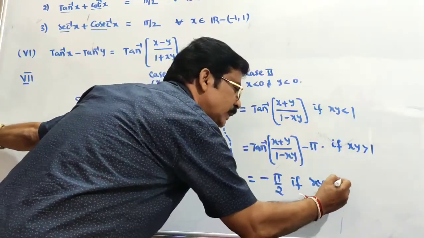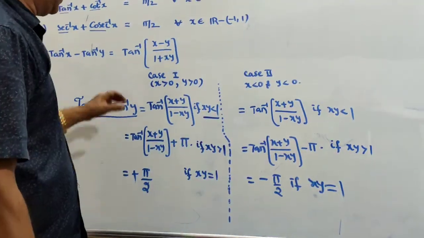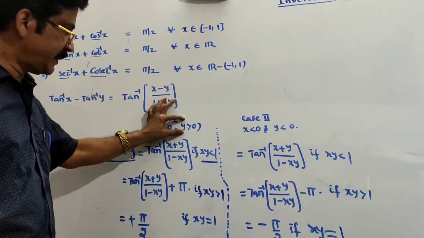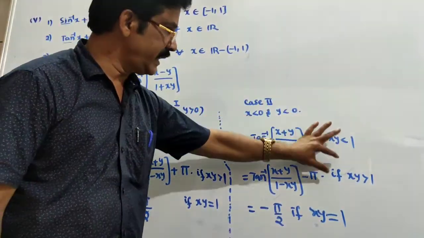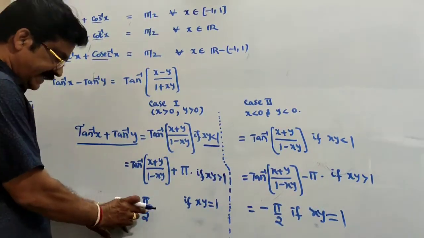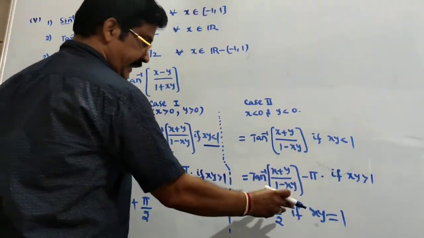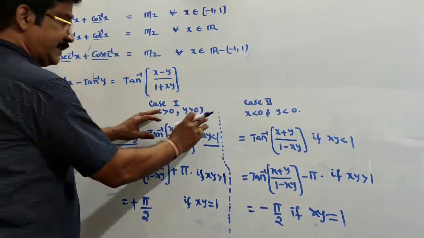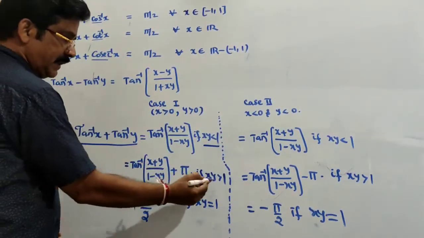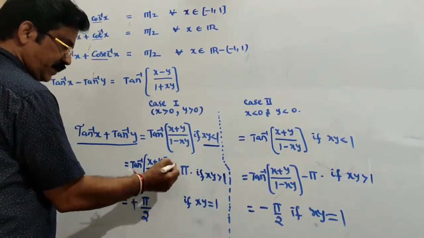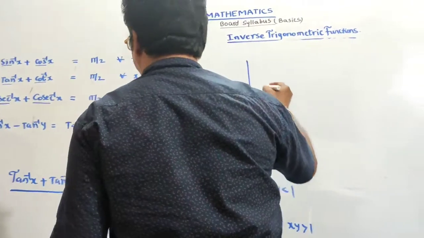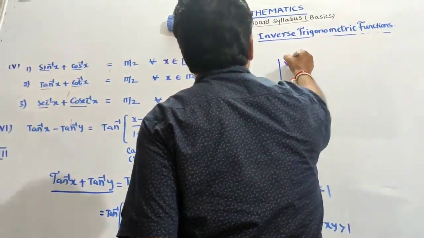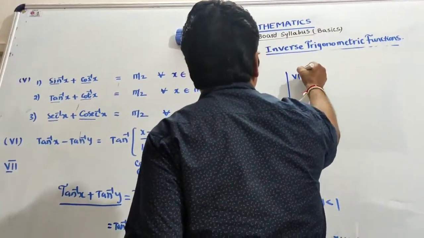So therefore first x positive, y positive, 3 cases, x negative, y negative, 3 cases. So it is easy to remember plus pi by 2, it is minus pi by 2. First case is same. In second case, it is greater than 1, that's plus pi, right, plus pi, it is minus pi. Next, another formula, important formula, Roman number 8.